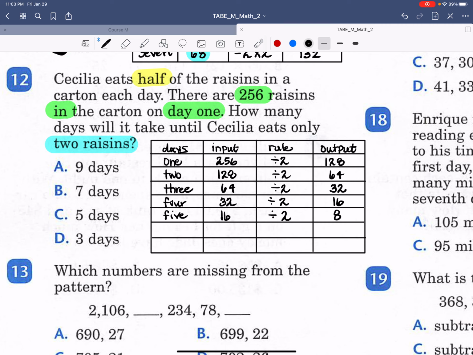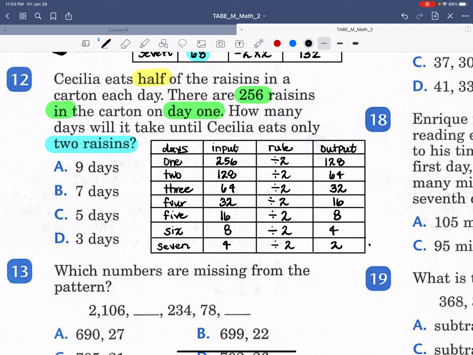So I'm still not there. 8 divided by 2 is 4. Still not there. But 4 divided by 2 is 2.